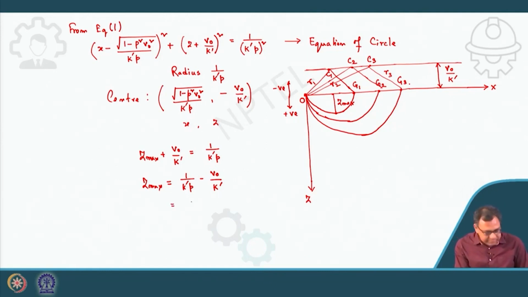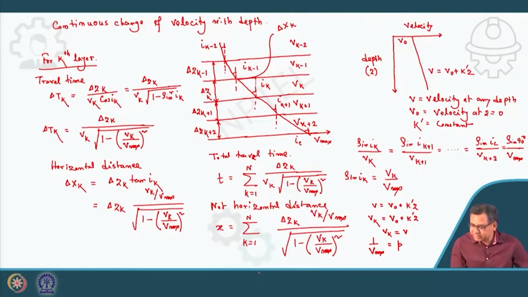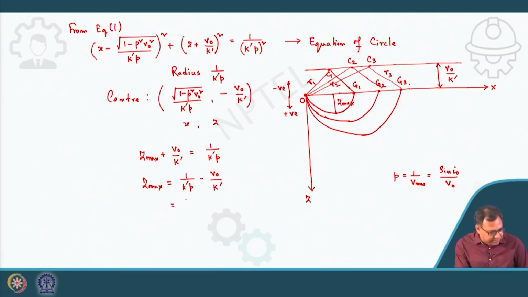Or I can write that I know that P is equal to 1 by V max, and that is equal to sine I0 by V0, that I have already shown, that is sine I0 by V0, that is equal to P. Now you put that P value here. So this is 1 by K dash, that will be 1 by P minus V0.